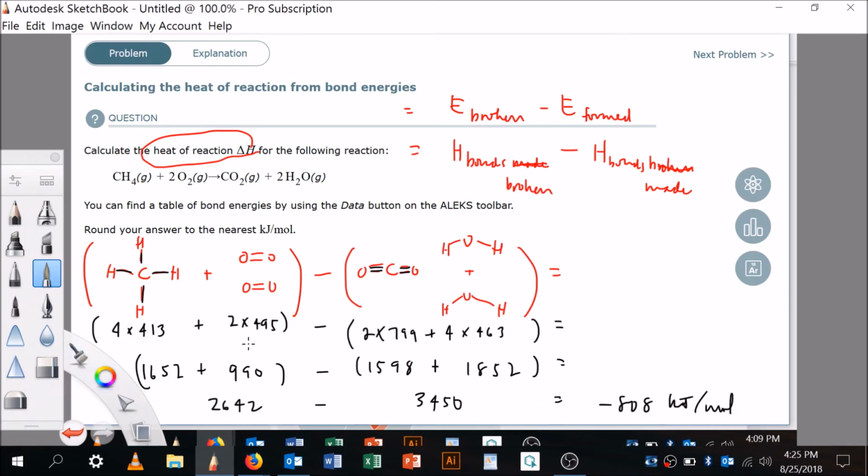Okay, 4 times 413, that's about 1600, sure. Yeah, that's good. 2 times 500 is about 1000. That's good. 2 times 800 is about 1600. That's good. 4 times, I don't know, 450, that would be easier, is about 1800. Yeah, that's good.